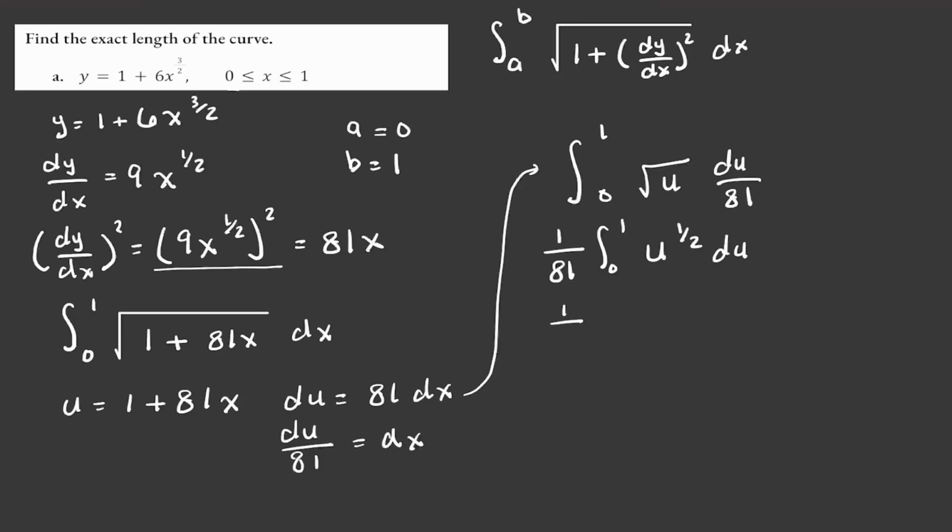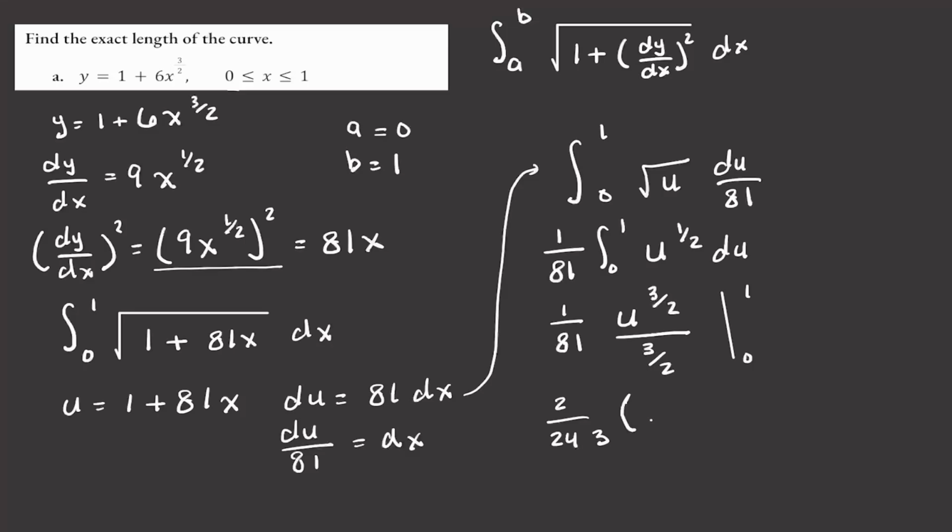Now when we integrate that, we get 1 over 81 u to the 3 halves divided by 3 halves, evaluating it from 0 to 1. Now we're going to multiply by the reciprocal of the bottom, so that gives us 2 over 243 times u.